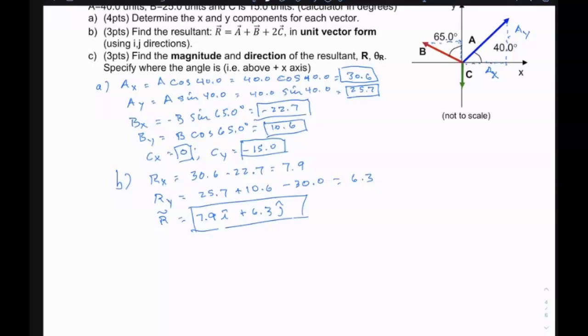So the magnitude of vector r is simply equal to the square root of the x component squared plus the y component squared. And that's equal to 10.1.